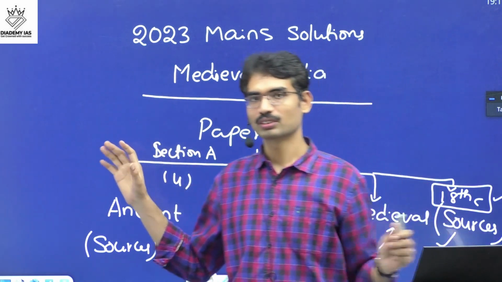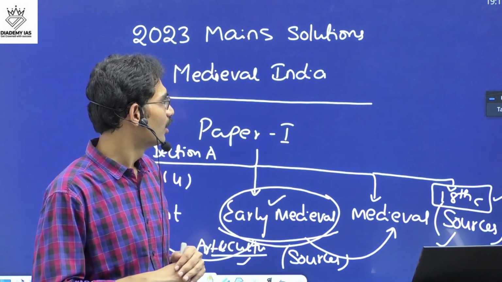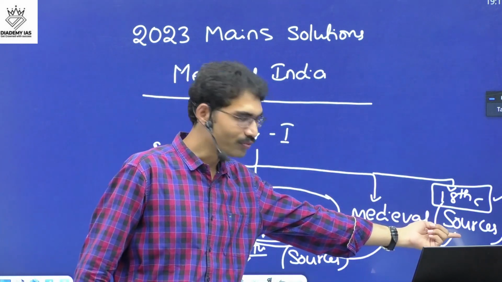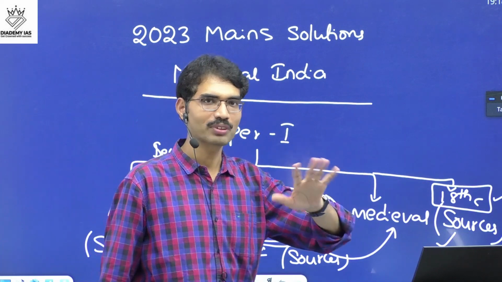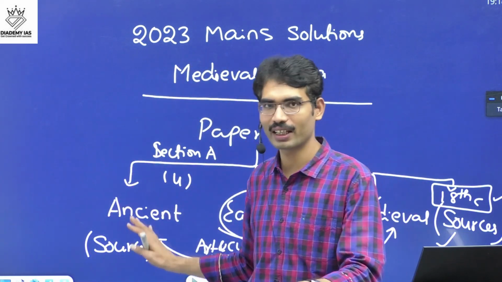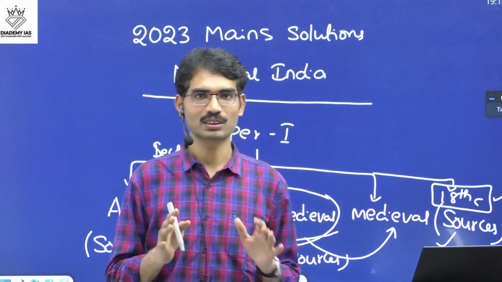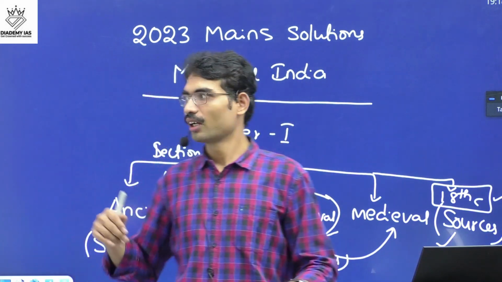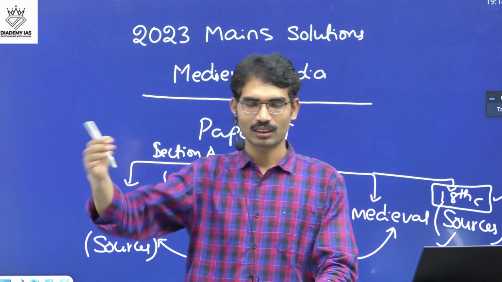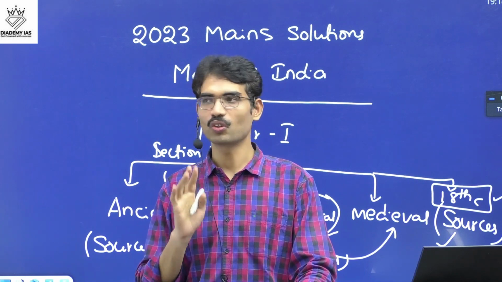So this is about the medieval India paper discussion. And if you are comfortable in sources, most of the problems will be solved in paper 1. And only that area and the early medieval part. So be careful with these two with respect to paper 1. And in coming days, we will discuss modern India also, modern world also.